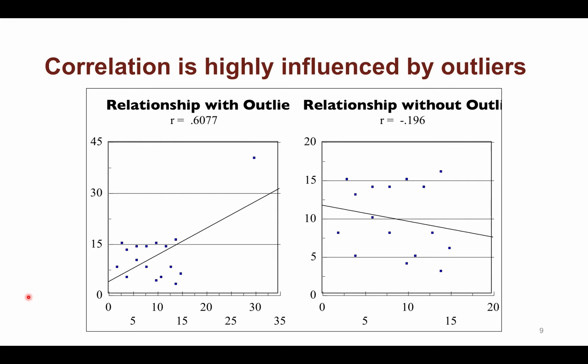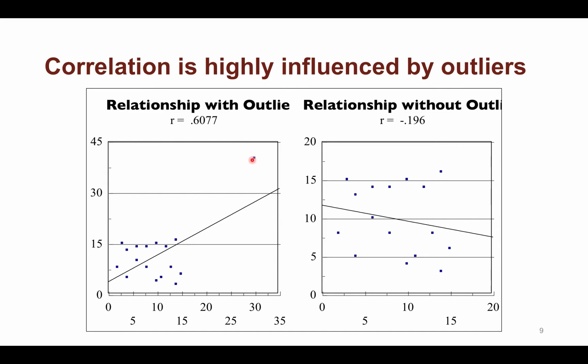A third limitation of correlation is that it's highly influenced by outliers. In these two graphs we actually have the exact same data except one additional outlier in this graph over here. Because that outlier is there, it's pulling the line of best fit in this direction, so it appears as if there's a positive correlation of 0.6077.